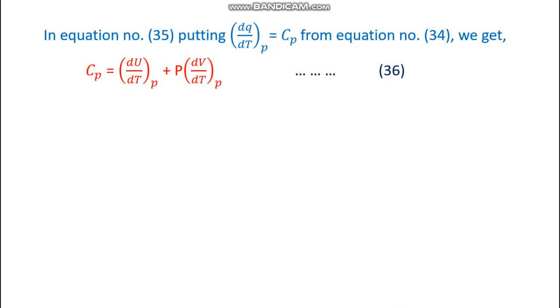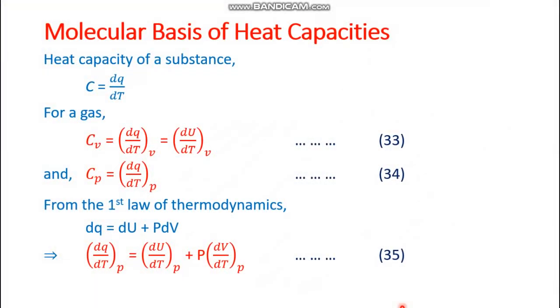Now we get the expression of Cp in equation 34. Therefore, in place of (dQ/dT)_P in equation 35, we just put Cp from equation 34.